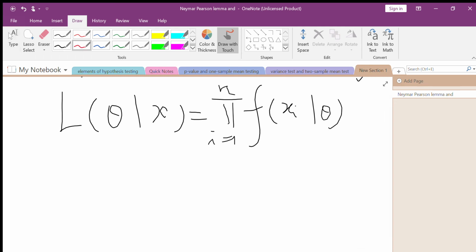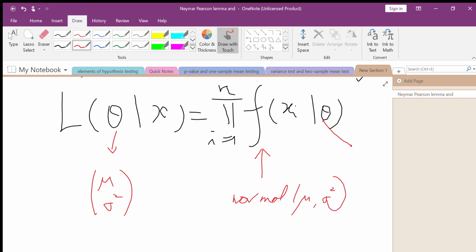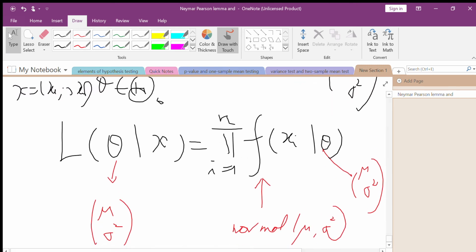Theta here has two components, mu and sigma squared. Here it is normal with mu, sigma squared, and you know how to write the PDF of the normal distribution. We have done this many times.